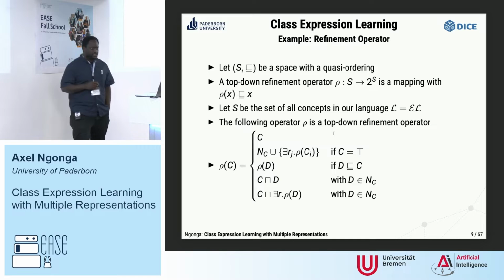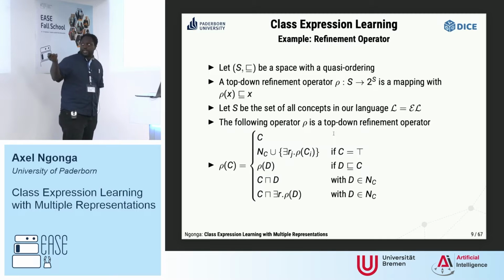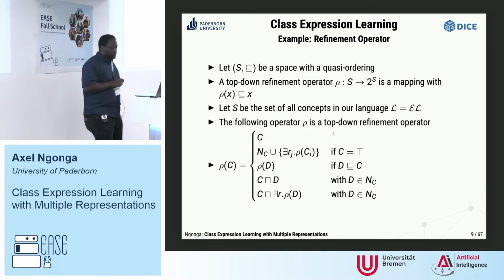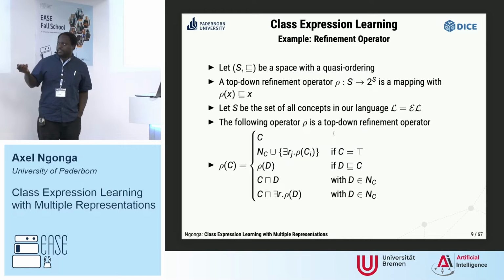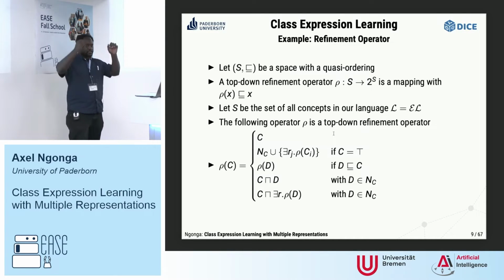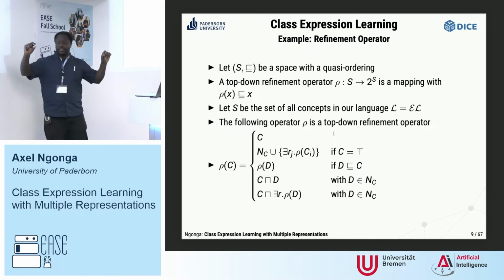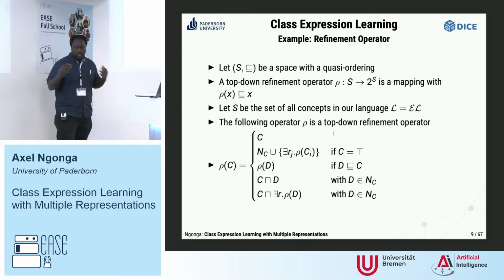Don't worry too much about the details. Once you have the slides, you can try to check whether the condition which I stated up here really is fulfilled. But for all intents and purposes, you can see that what this operator would do is, if we're dealing with top, so we start at top, it will first start by generating all elements of NC as well as all exists R.C kinds of constructs.